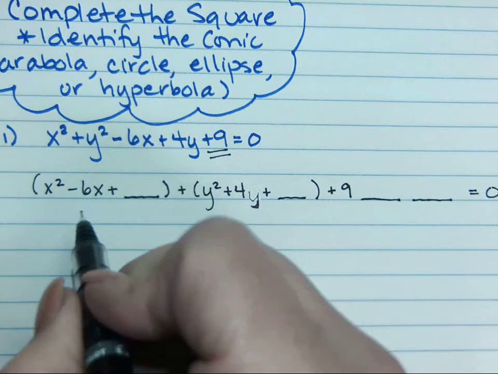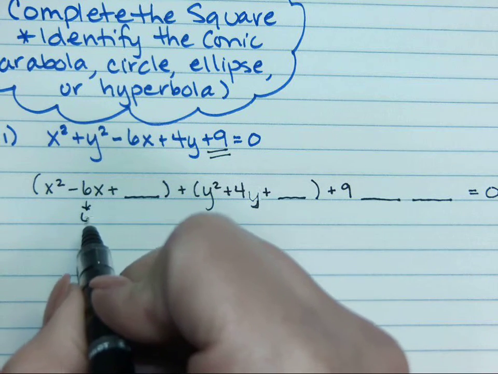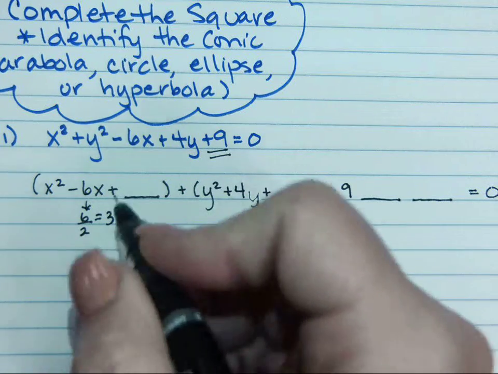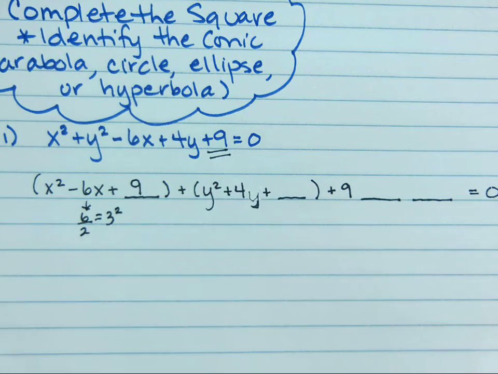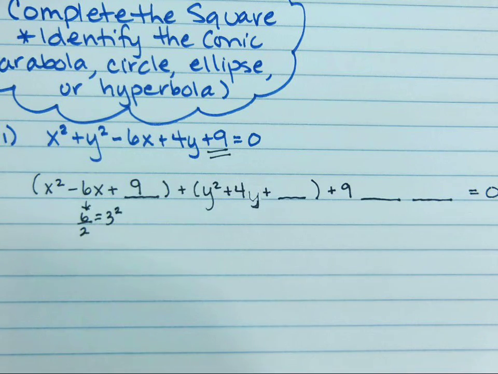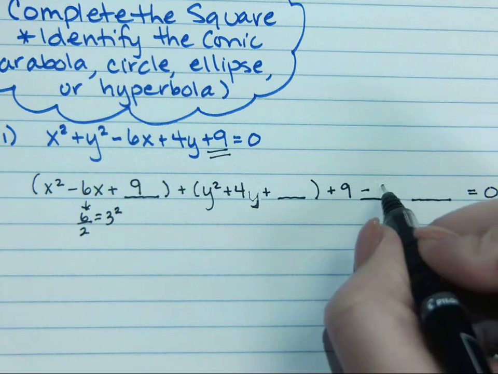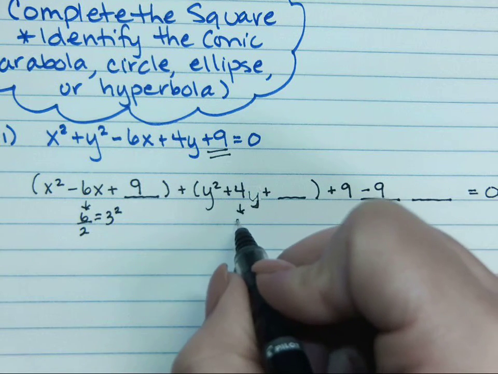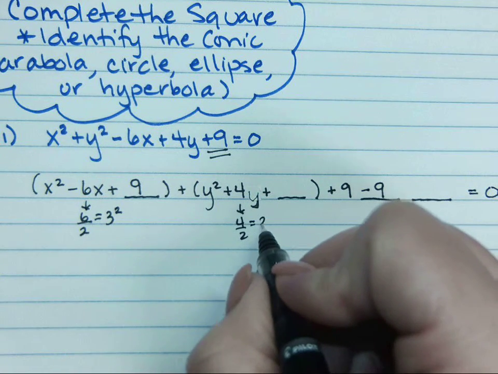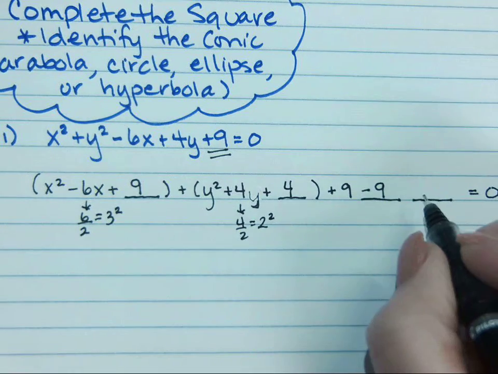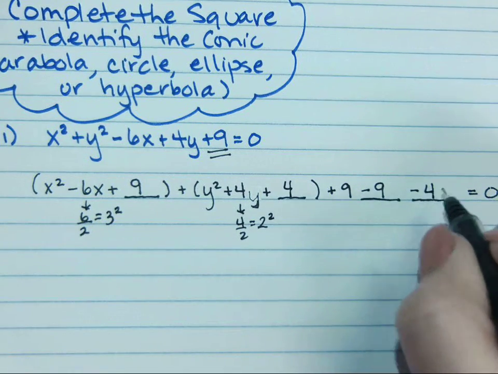So again, when we're completing the square, we're taking half of this term and squaring it. So I'm going to be adding 9, which means to balance this part of the equation, I'm going to need to subtract 9. And then here, when I take half of this term and square it, I'm going to be adding 4 to complete the square, which means I need to subtract 4 to balance it.